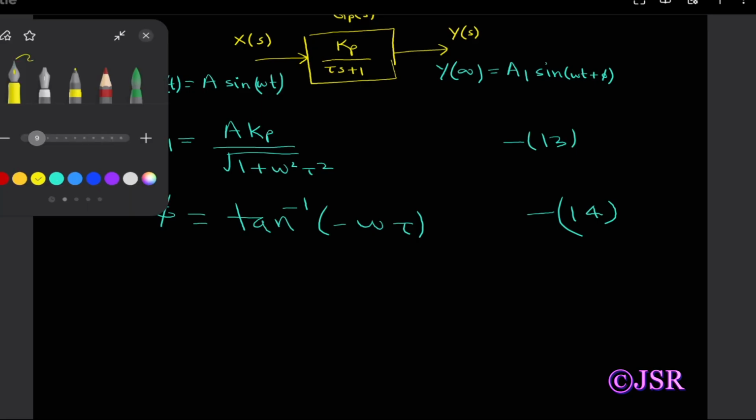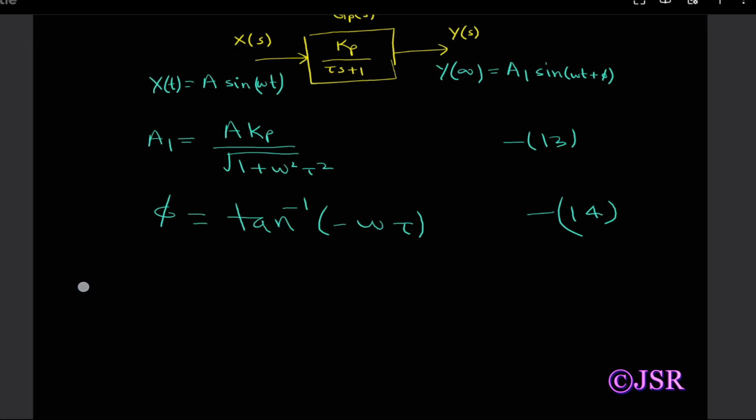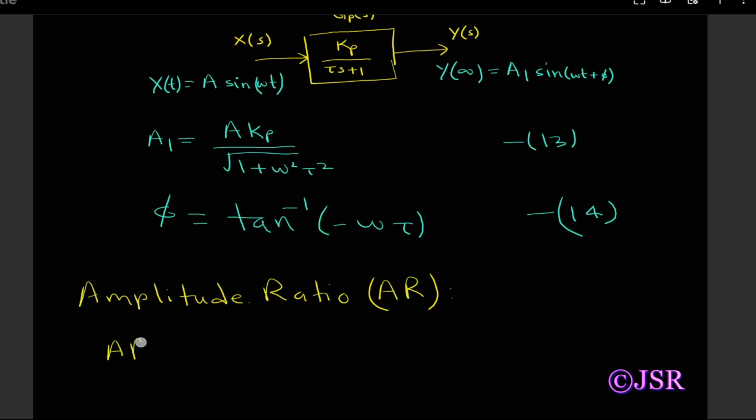So here we have to define two terms. One is amplitude ratio, that is AR, and this amplitude ratio is defined as the ratio of output amplitude.